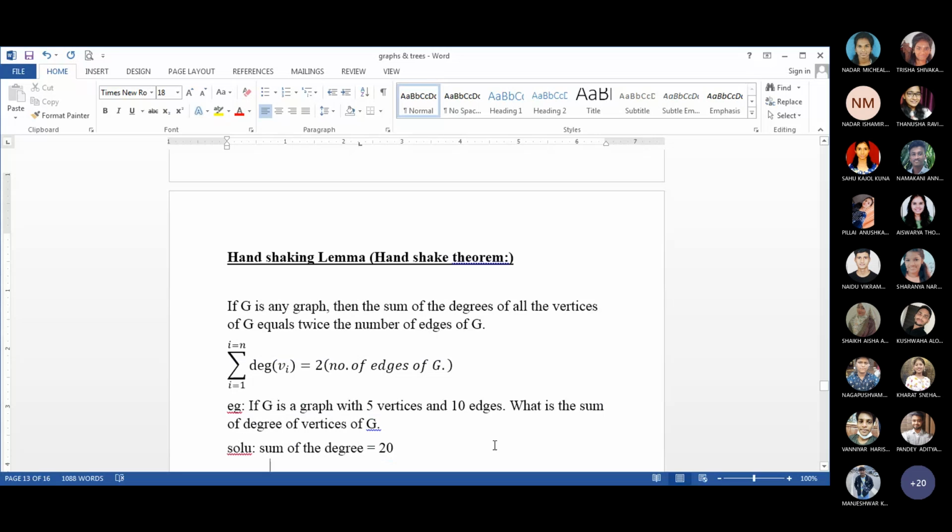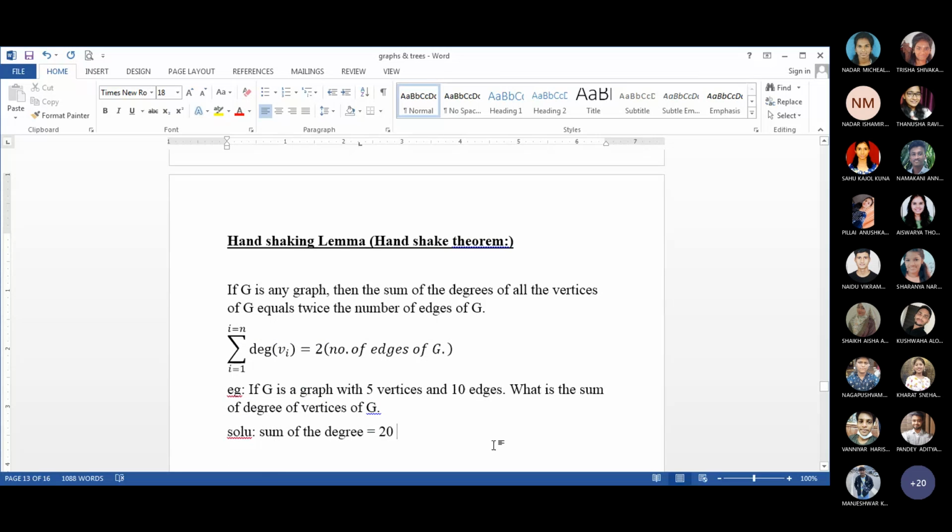Okay, now we can have an example based on this handshaking lemma. If G is a graph with 5 vertices and 10 edges, what is the sum of degree of vertices of G?